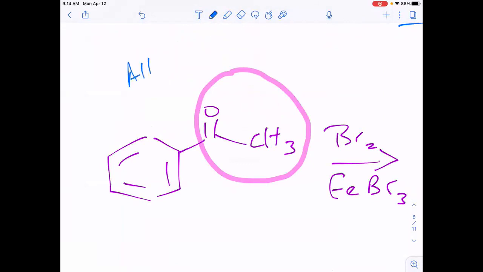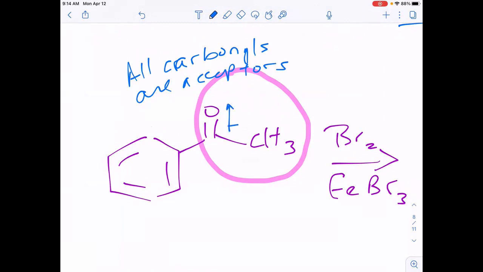All right, all carbonyls are acceptors. They can accept a pair of electrons because the dipole is going towards oxygen. So this is partially positive, and this is partially negative.